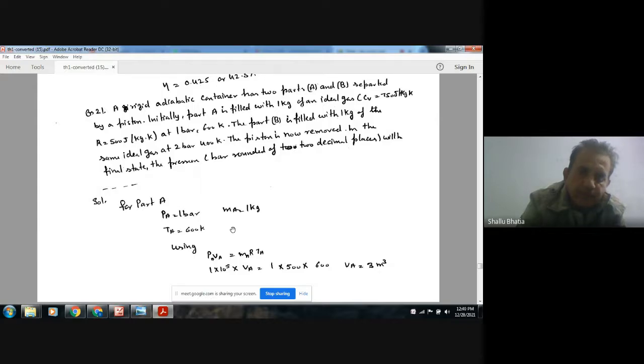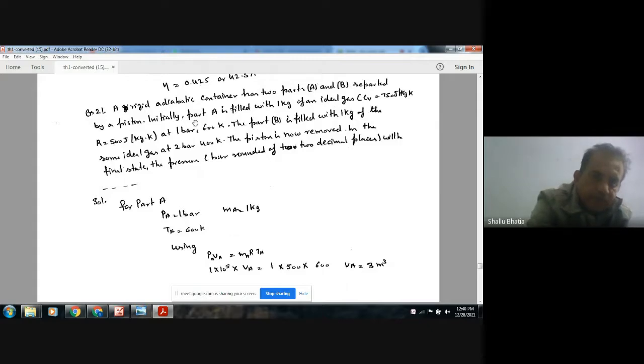Part B is filled with 1 kilogram of the same ideal gas at 2 bar, 400 Kelvin. The piston is now removed. In the final state, the pressure in bar rounded off to two decimal places will be.